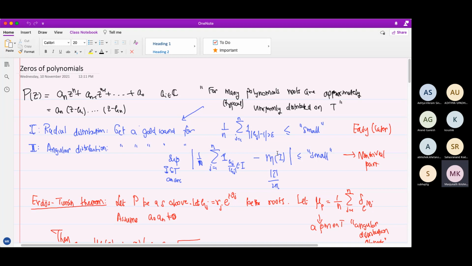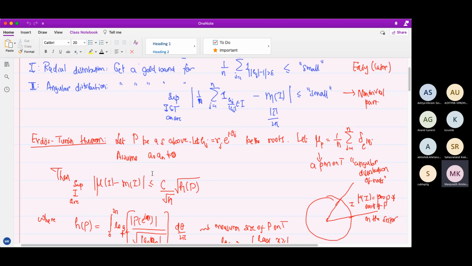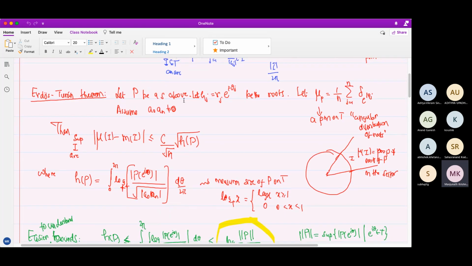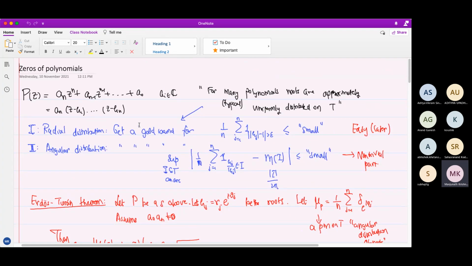We should compare it to the angle of that sector divided by 2 pi, the length of the arc divided by 2 pi. We want to say this difference is small, and there Euler's theorem was the theorem which said that in terms of some quantity which measures the size of the polynomial on the unit circle. Okay, so P is a polynomial. We assume that a0 and an, the first and last coefficients, are not zero.